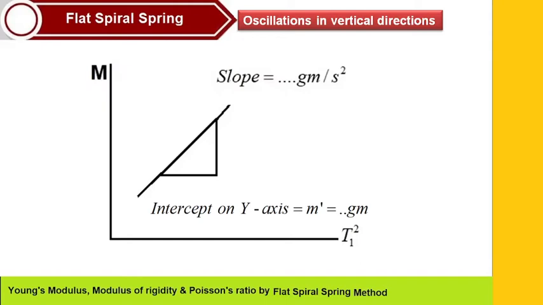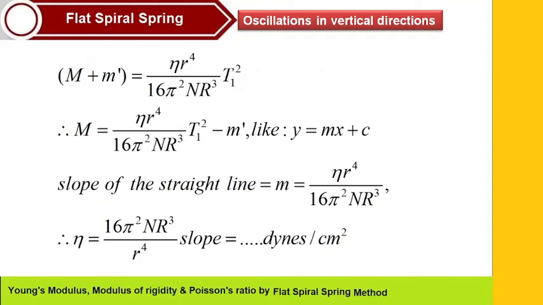Now plot the graph. On the y-axis there is mass and on the x-axis there is T1 square. Slope is equal to dash dash gram per centimeter square, and intercept on the y-axis is equal to small m dash, equal to dash dash gram.